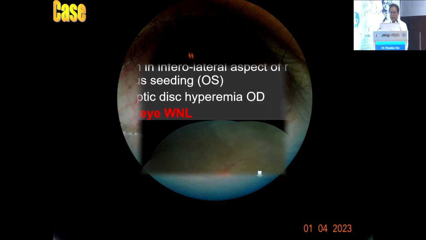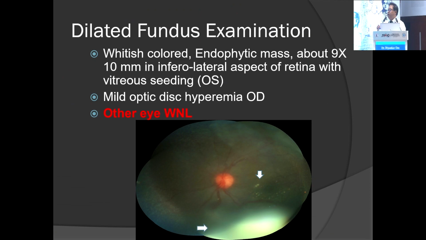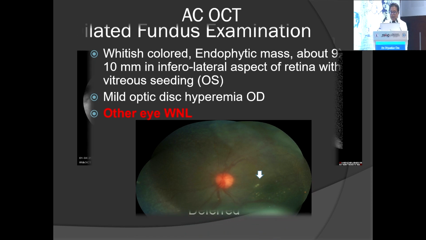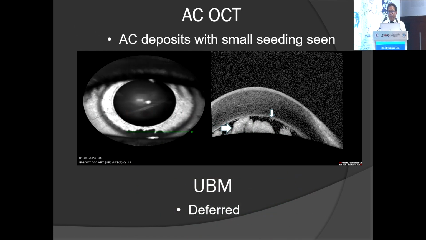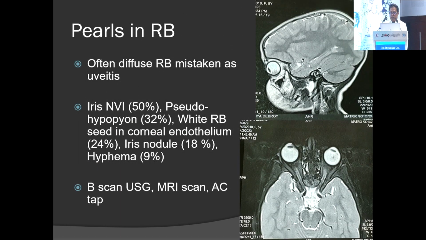Immediately I dilated the pupil, and there was an endophytic retinoblastoma in this case. The other eye is normal. There's a mild hyperemia in the right eye. So this patient had small seeding as well as infiltrate in the anterior chamber. UBM was done, and MRI showed involvement of the retinoblastoma.